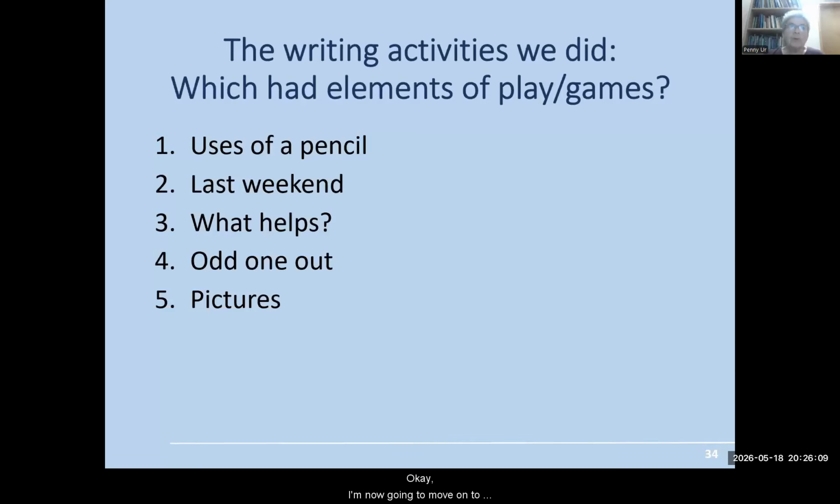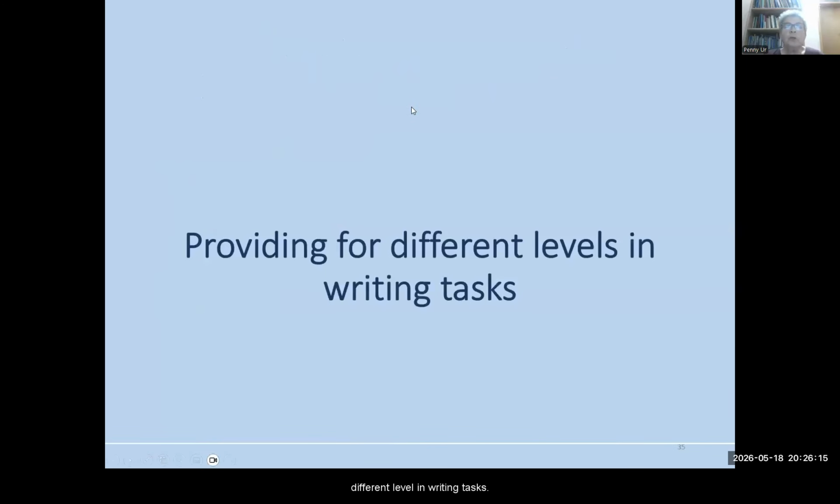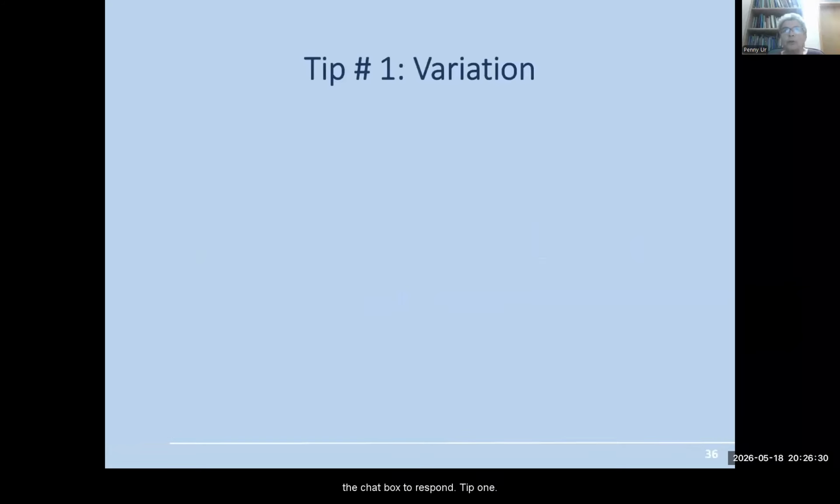Okay, I'm now going to move on to my final topic, which is providing for different levels in writing tasks. And I'm going to do this as a set of tips rather than as a lecture. And again, please feel free to come into the chat box to respond. Tip 1.